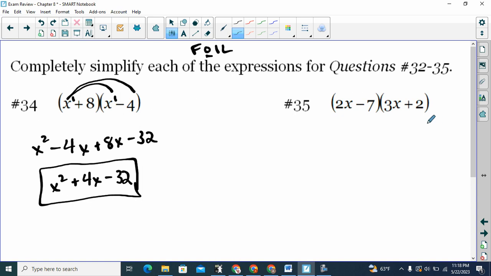35 is a similar problem. We've got the quantity 2x minus 7 times the quantity 3x plus 2. Again, a binomial times a binomial. First, 2x times 3x, 6x squared. Outside, 2x times 2.